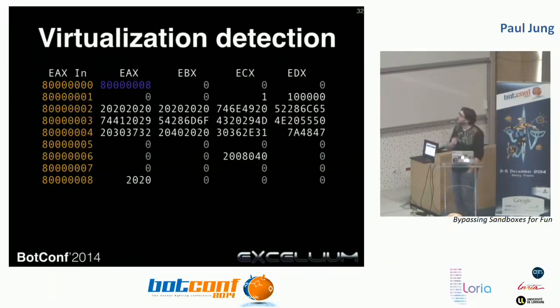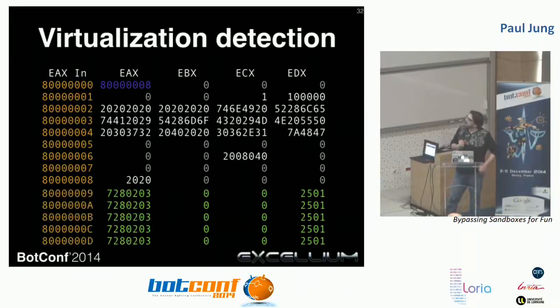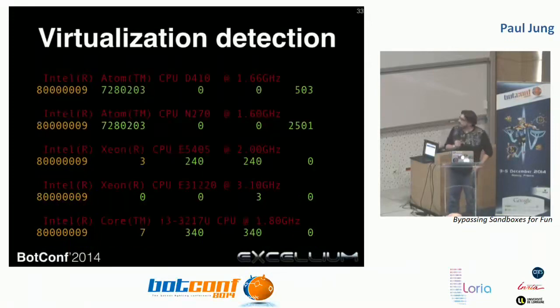Virtualization, little things also. If I use CPUID, I put 8 million in my EAX, I call CPUID, and I get the last leaf supported. So if I'm on an Intel CPU, if I ask for something more than 8 million 8, I get garbage. Depending on the CPU, the garbage changes, but I always have garbage.